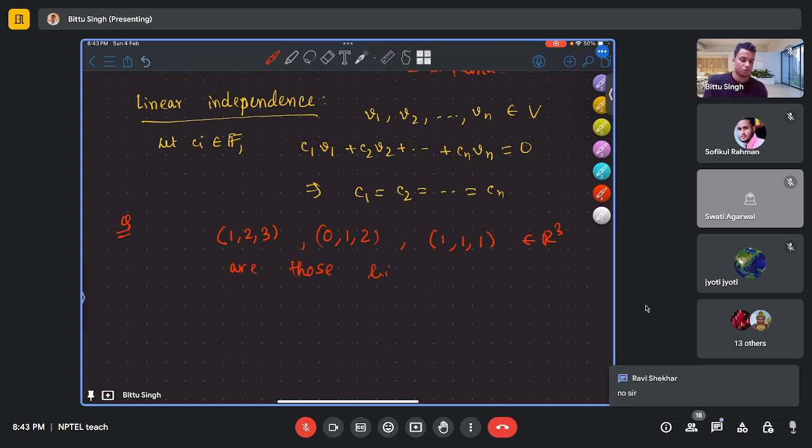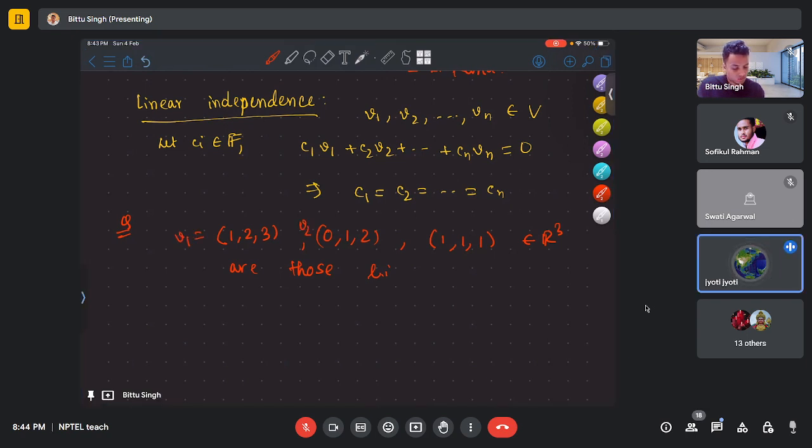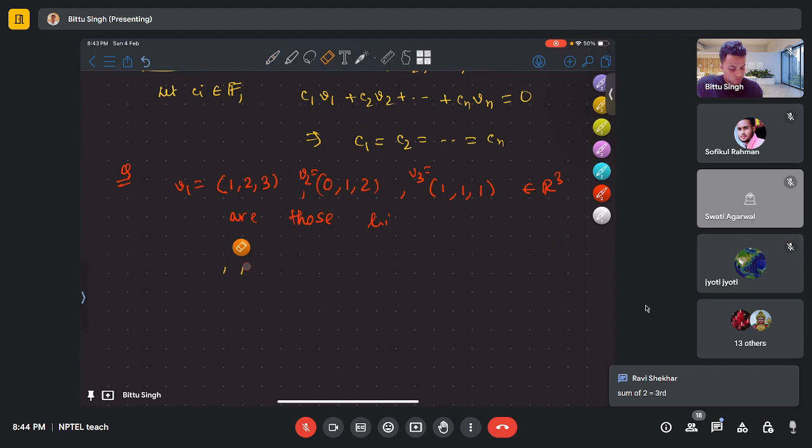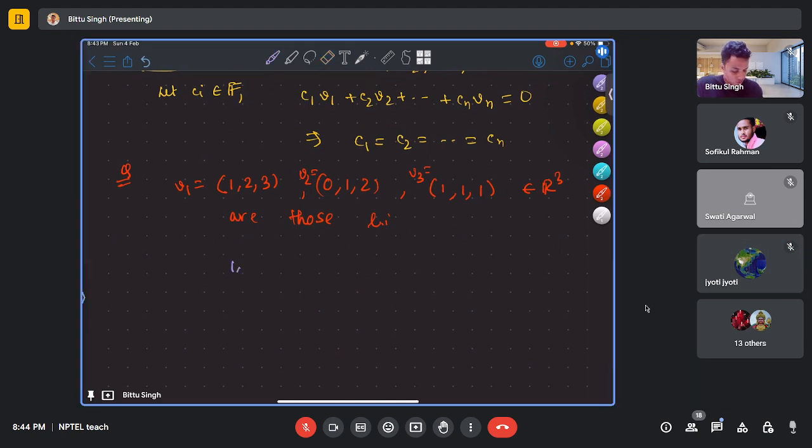Yes, you are right. But why is it not linearly independent? Because the sum of the last two vectors is equal to the first vector, so we can choose scalars other than 0. Here you can see 1 2 3 is the same as the sum of 0 1 2 and 1 1 1.